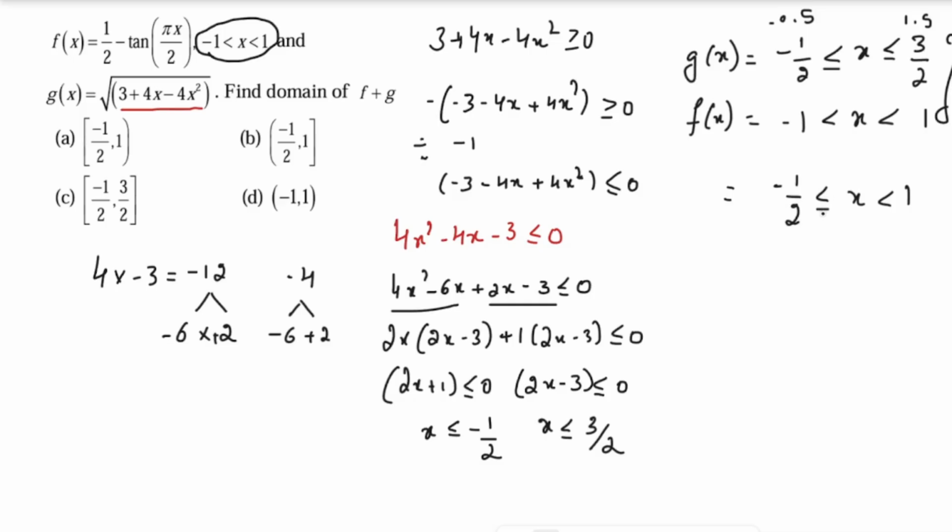The inequality symbol is equal because minus 1 by 2 is included. Written with brackets, it becomes square bracket minus 1 by 2 comma 1 with a round bracket. So we can conclude that option A is the right answer. Option A.